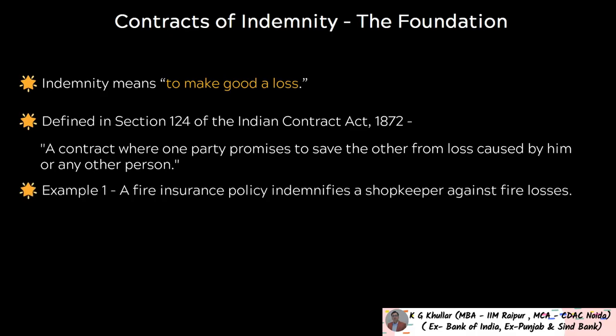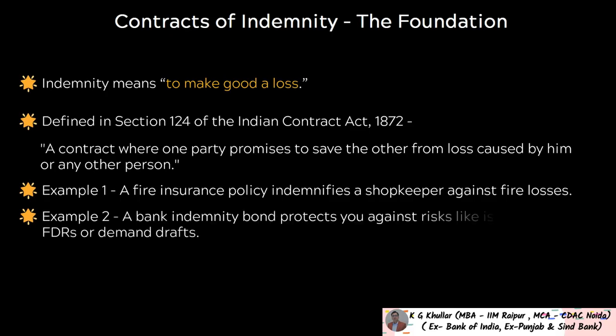Example 1 is where a fire insurance policy indemnifies a shopkeeper against fire losses. The next is a bank indemnity bond protects you, the bankers, against the risk like issuing duplicate FDRs or demand drafts. So if a customer loses a demand draft, then the bank issues a new one only after taking an indemnity bond so that if the original is misused, then the bank is not held liable.